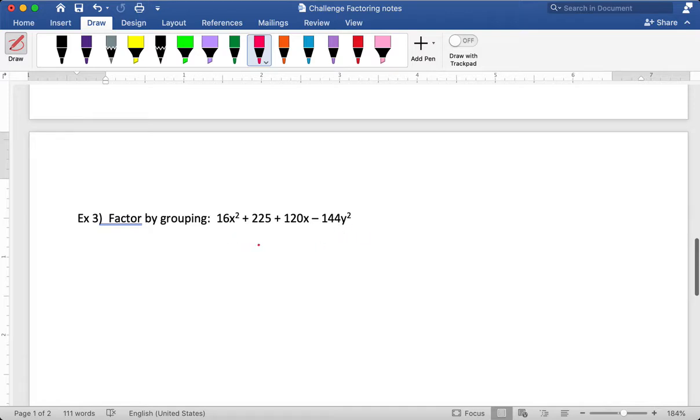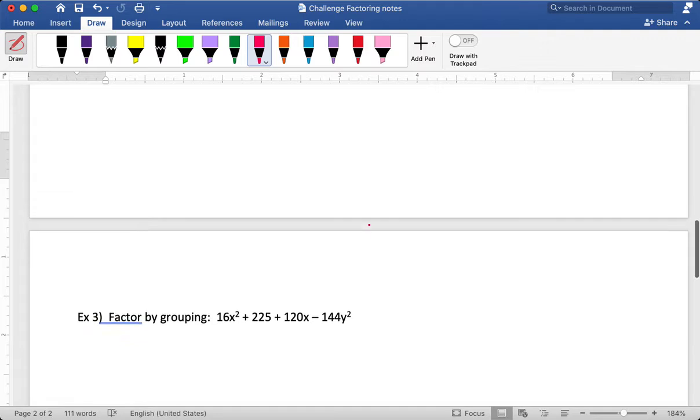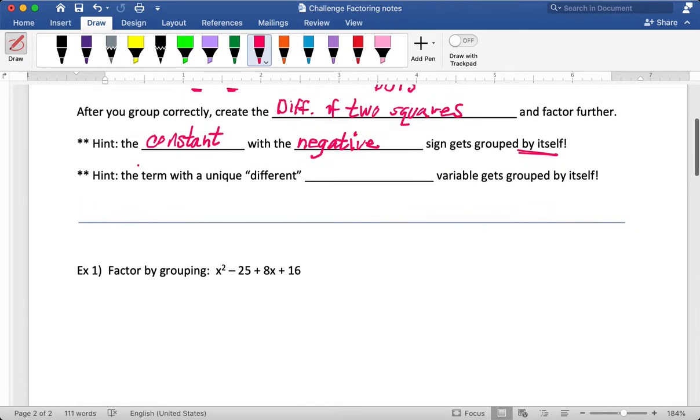This has an x, this doesn't have any, this has an x. I would group these 3 together and this one by itself. So the term with a unique, different quadratic variable gets grouped by itself.